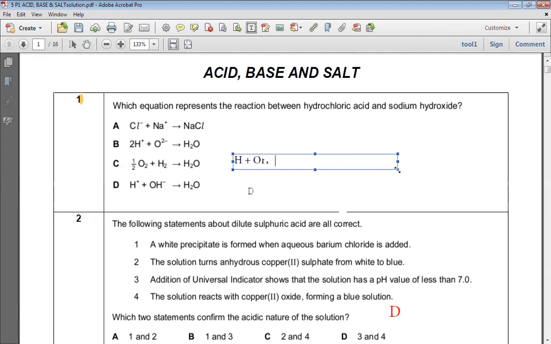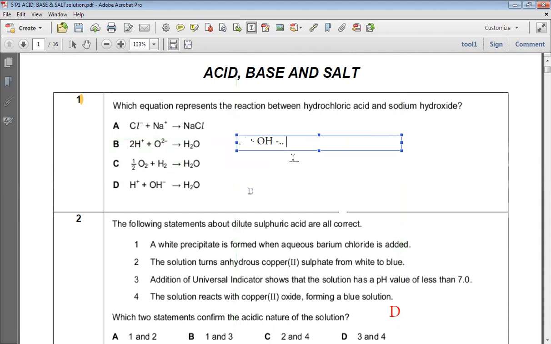So they produce a water molecule. So H positive, OH negative, they produce water. This is the ionic equation representing the reaction between hydrochloric acid and sodium hydroxide. Question number 1, option D is correct.